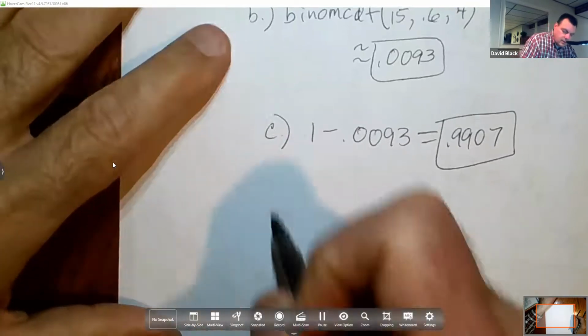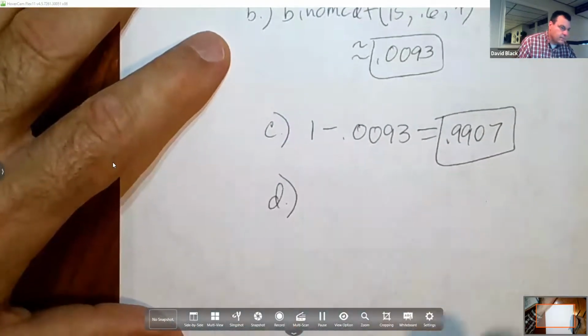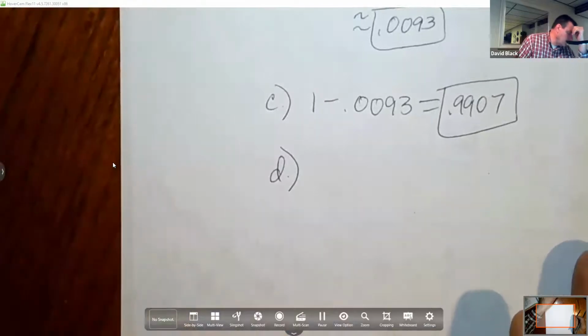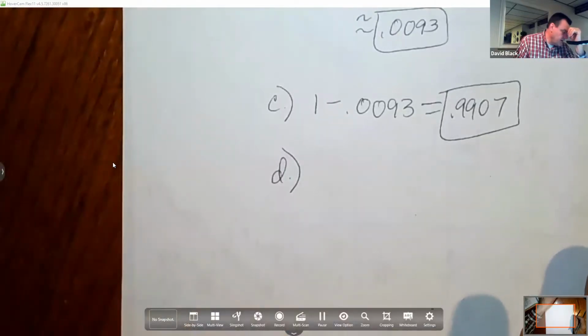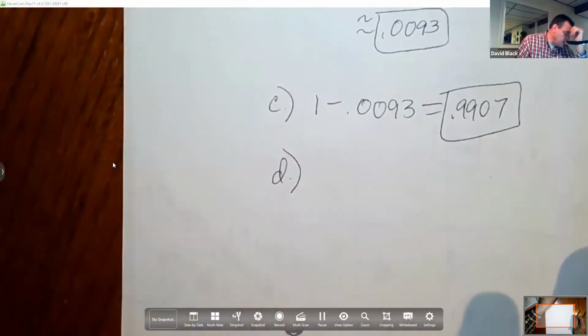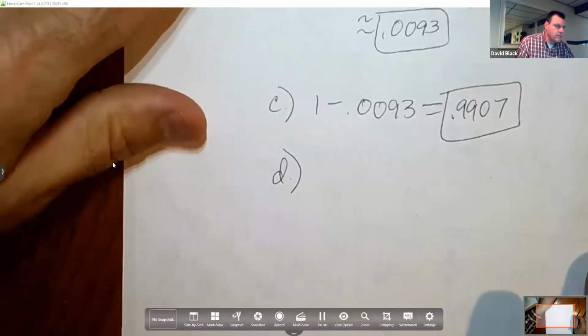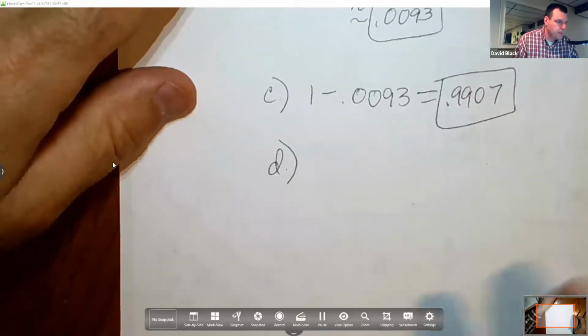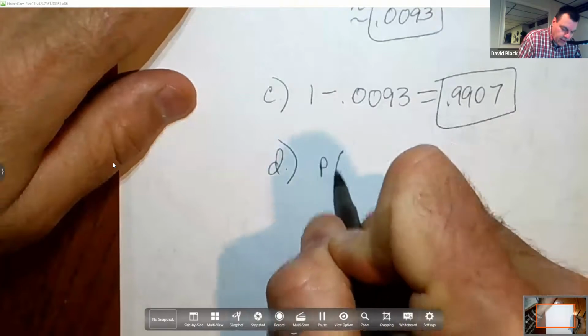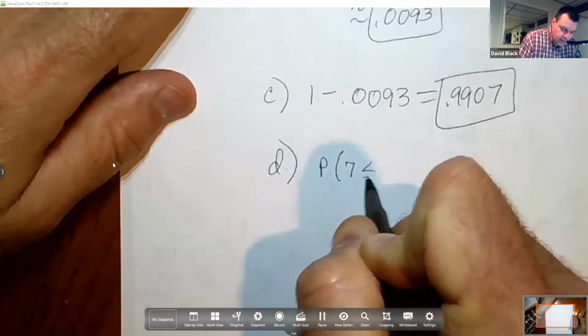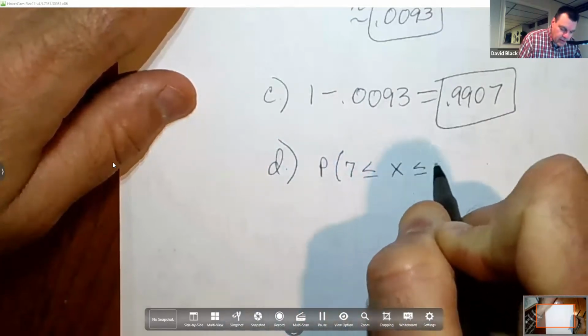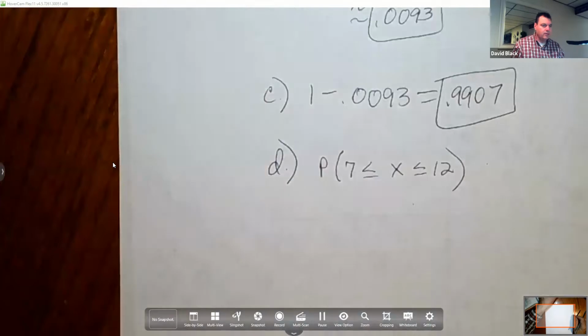Okay, and then let's look at part D. It says find the probability that between 7 and 12 inclusive believe that the minimum driving age should be 18. So the way that we wrote that last time was like this. We wrote that 7 is less than or equal to x is less than or equal to 12.